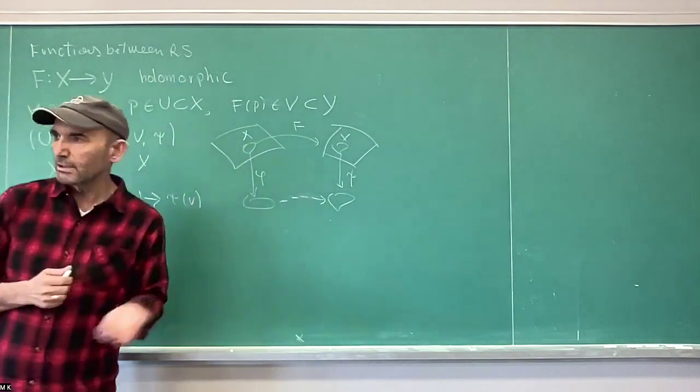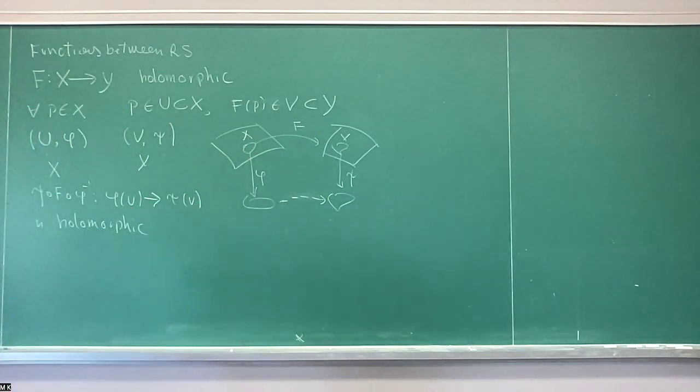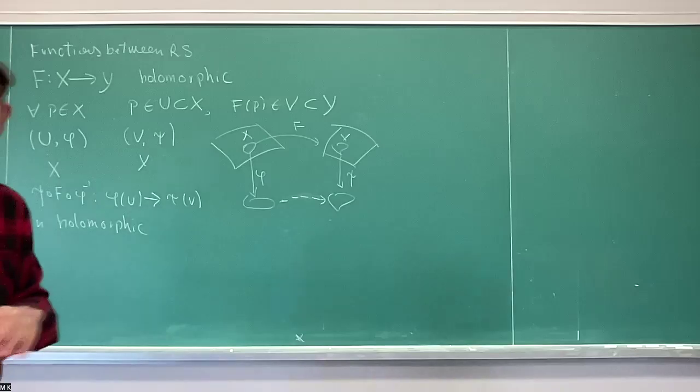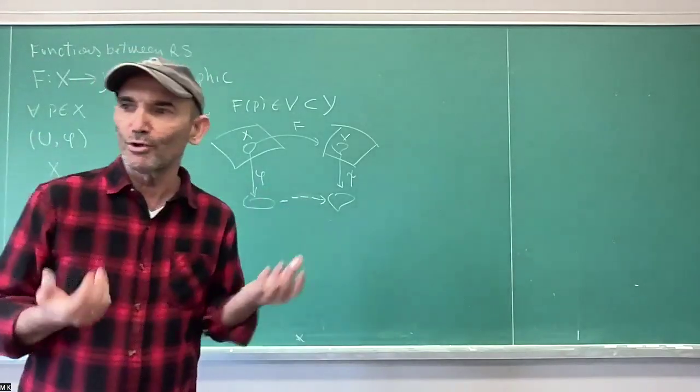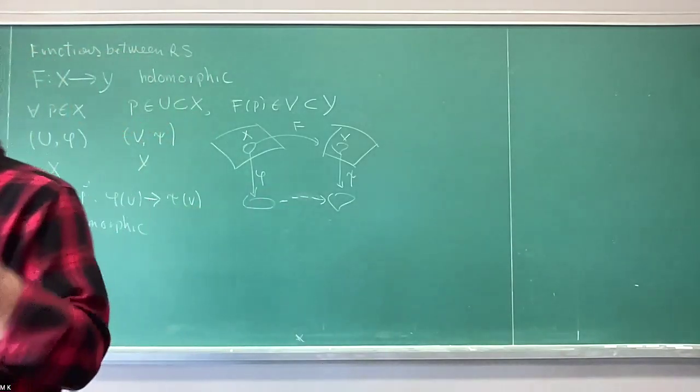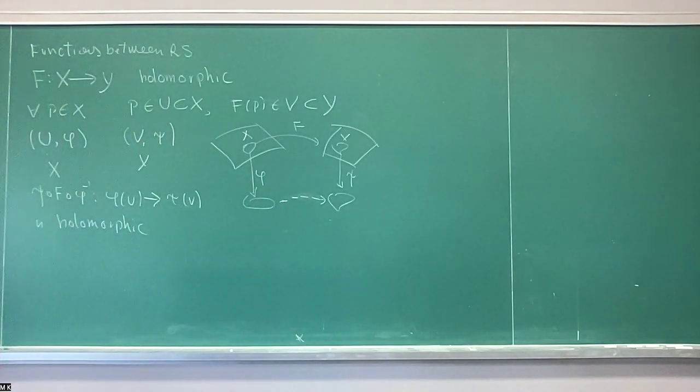And in fact, it is also true that if you check this for one coordinate chart, it's going to be okay for all coordinate charts. So you don't have to worry about checking the condition for all possible coordinate charts, which is of course an absolutely impossible task. But if you just check it for one, then by compatibility, by transition functions, you're sure that it's true for all coordinate charts.